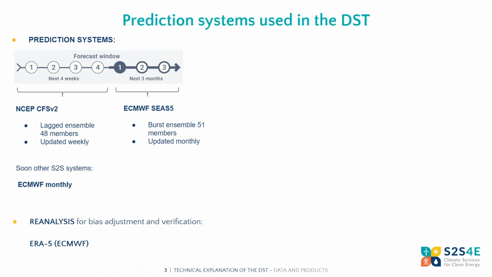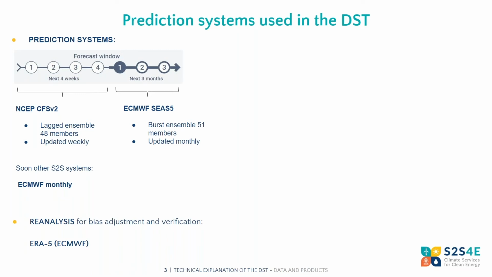In the case of subseasonal, we'll soon have access to other systems, because we're part of a pilot project within the S2S project, which will make available real-time forecasts from other systems. And then we're also using reanalysis for bias adjustment and verification purposes, which is ERA 5, also from ECMWF.